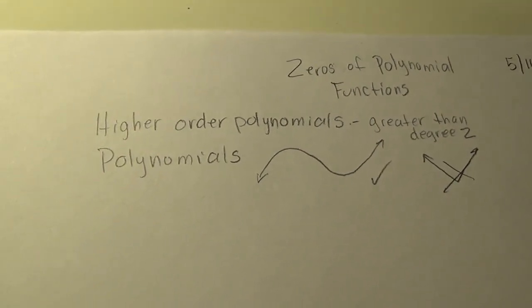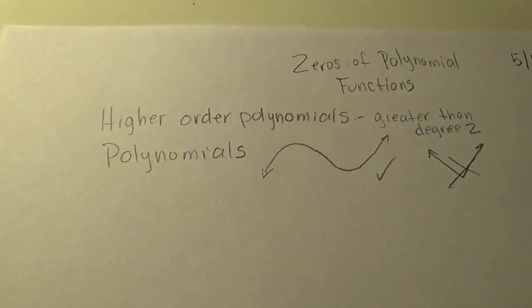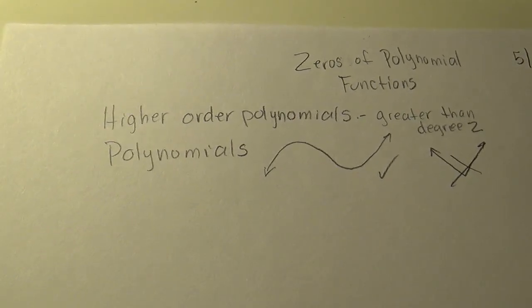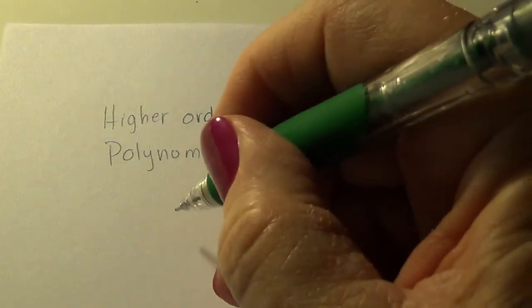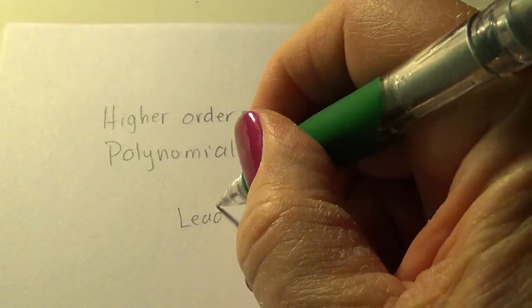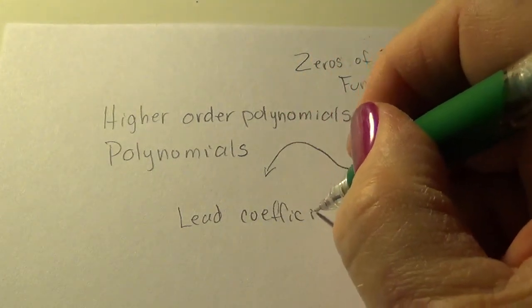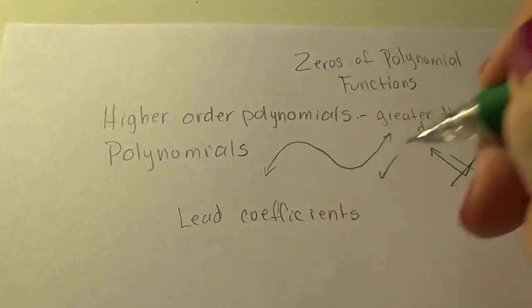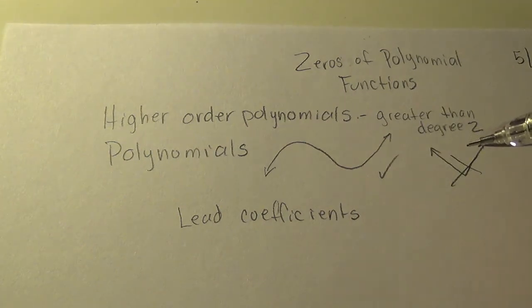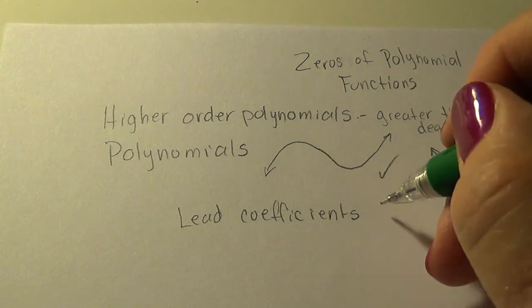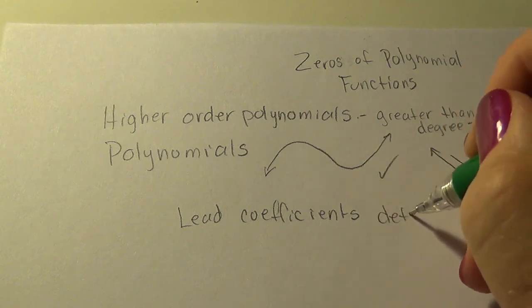We can learn about higher order polynomials, we can learn their basic shapes, by looking at the lead coefficient. And you had this last year, so it's just by way of reminder. So the lead coefficients, we're going to look at them to determine basic end behaviors.